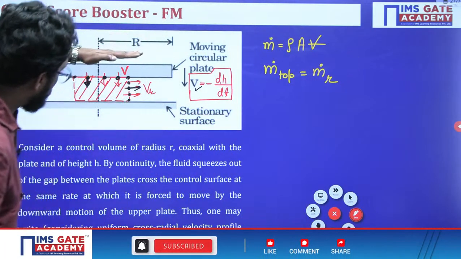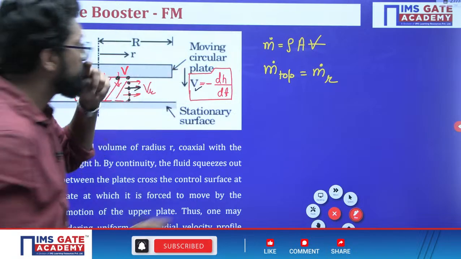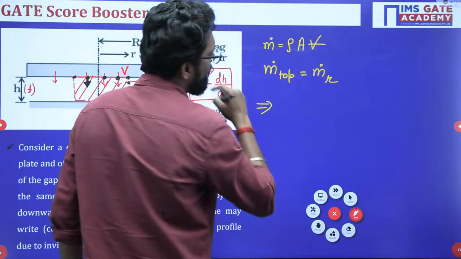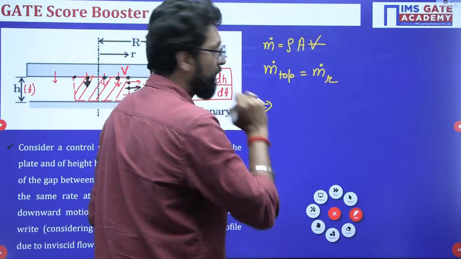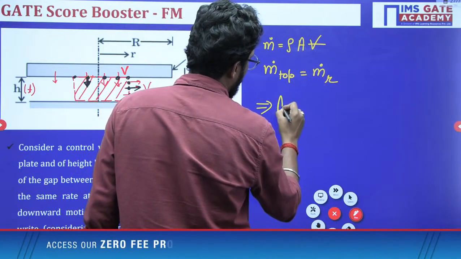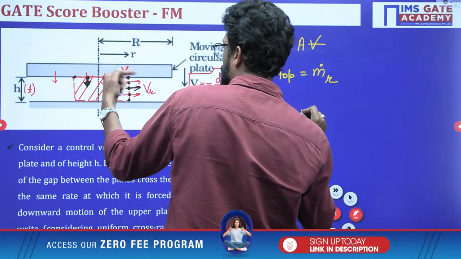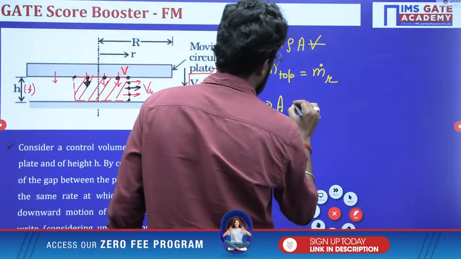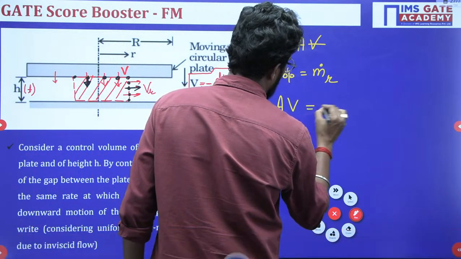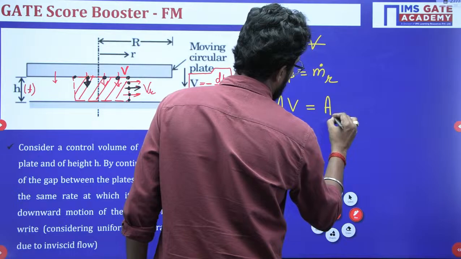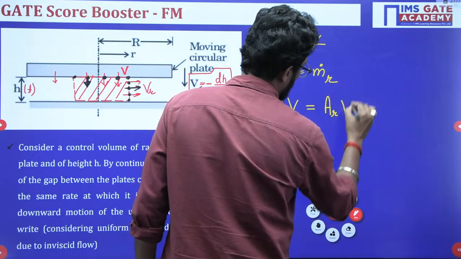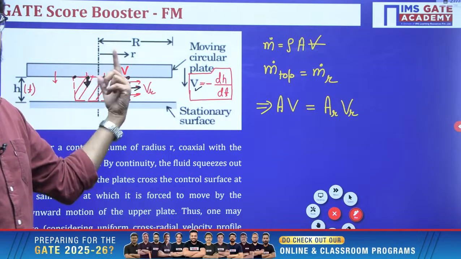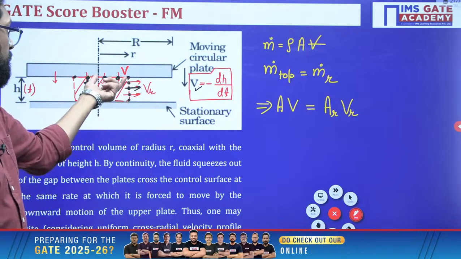So the control volume area times the velocity at the top is equal to the radial area times the velocity VR. Yes or not? You can take it like that. And what is the area of this one? The disk area, pi by 4 r square.